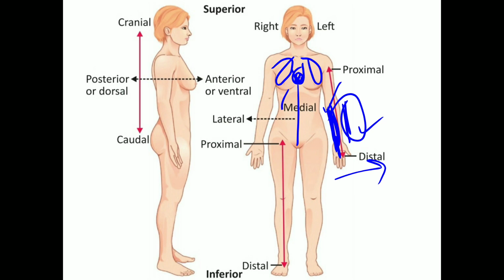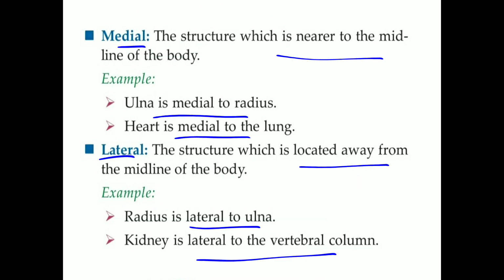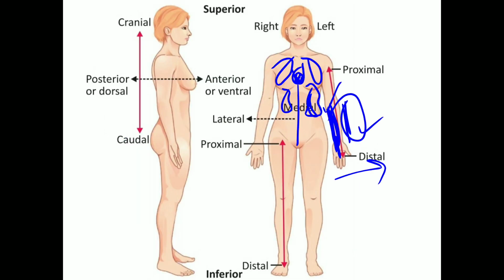Kidneys are located on both sides of the vertebral column, and hence the kidneys are away from the midline when compared to the vertebral column. So kidneys are lateral to the vertebral column, or else lungs are lateral to heart.